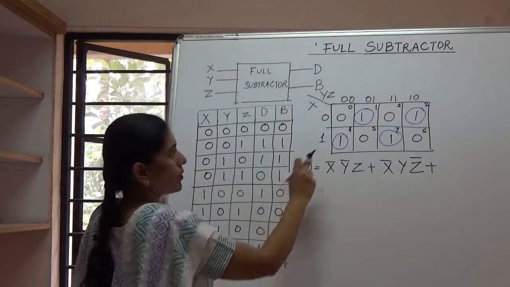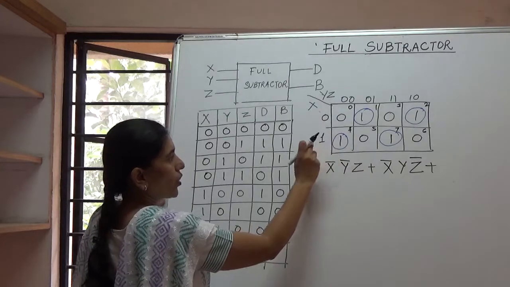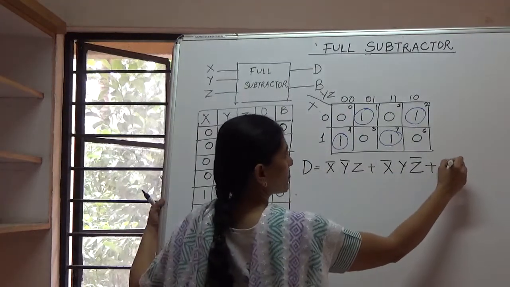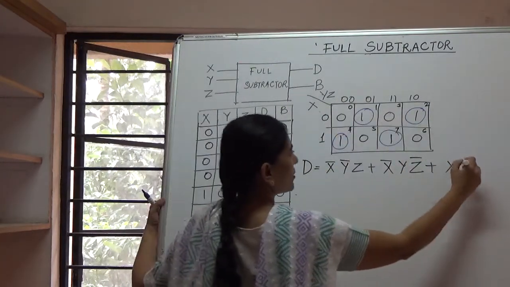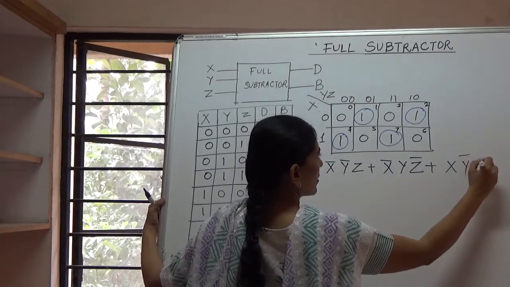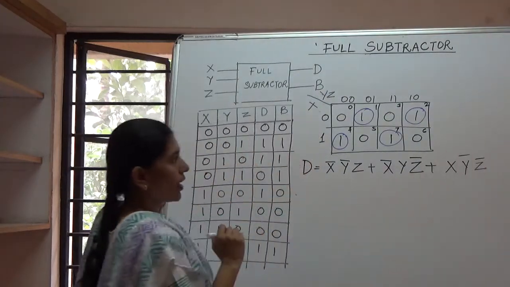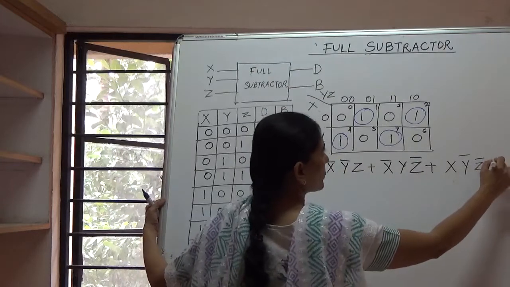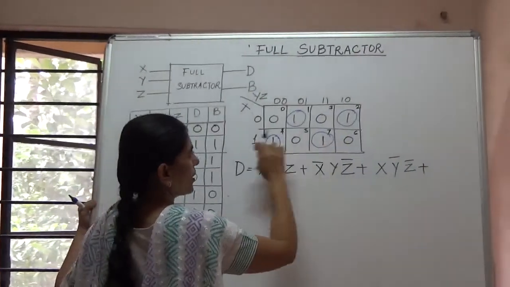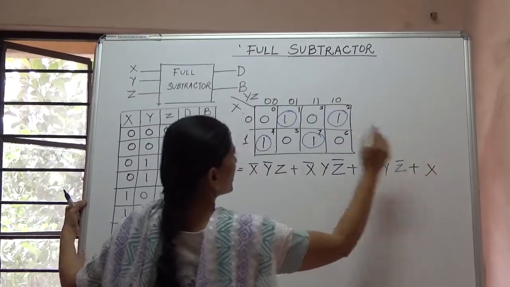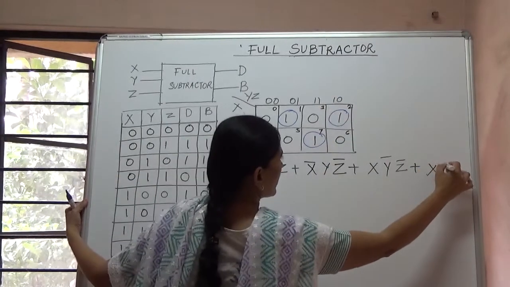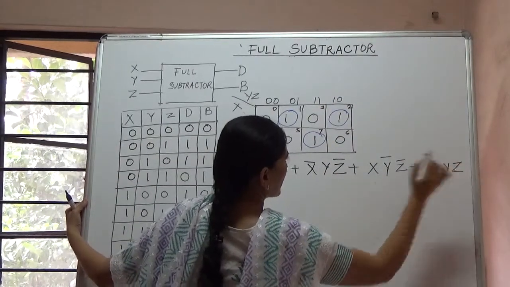Then the next term, for this one, is x y bar z bar, plus for this one it is x y z.